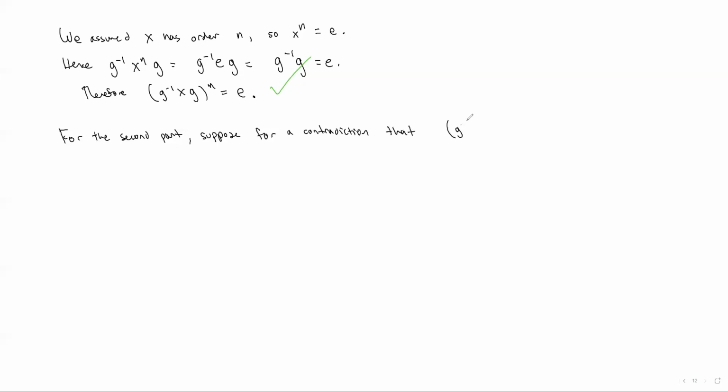So suppose for a contradiction that G inverse XG to the M is E, where 1 is less than or equal to M is less than N.